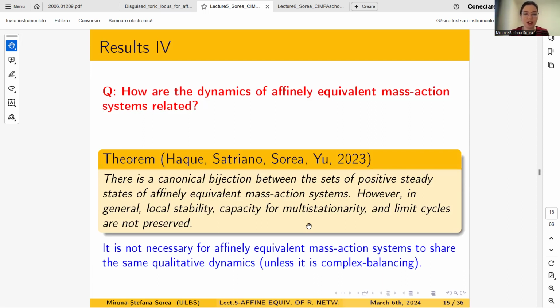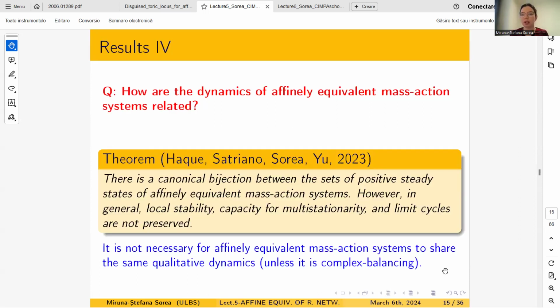The toric locus is preserved, and remember that for complex balancing, we have very nice dynamics: unique, locally stable equilibria up to conservation laws, so in each stoichiometric compatibility class. Because the sets of positive steady states are bijectively preserved, that's why it works so well for complex balancing.